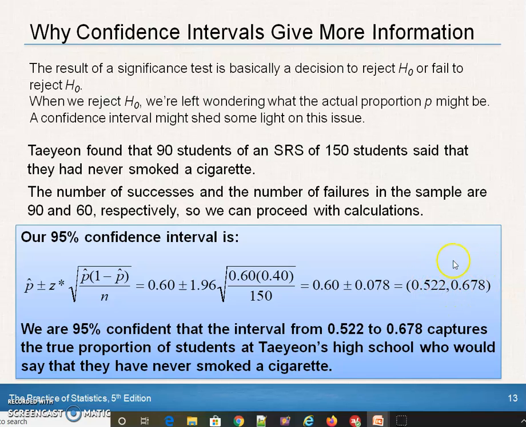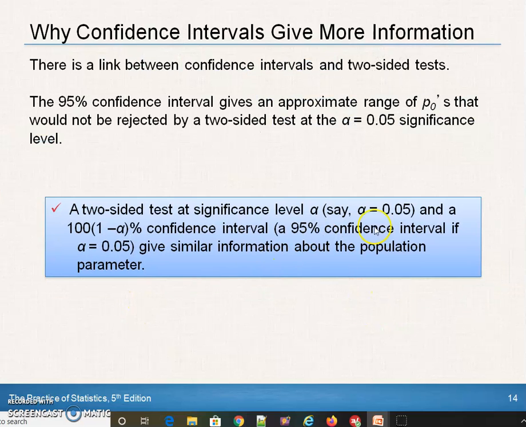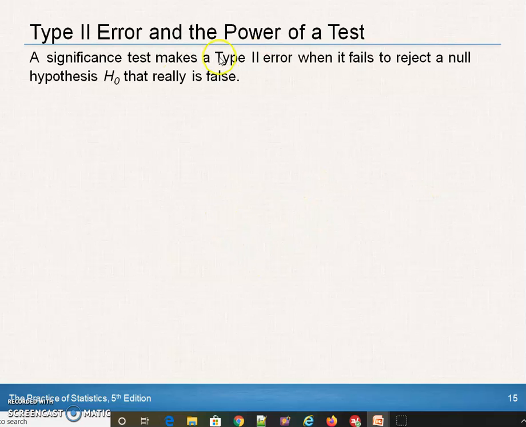That falls in this interval. And when we do the confidence, or the significance test, we'll find out that we failed to reject. So we at least know that 0.60 is in that interval for a confidence interval.